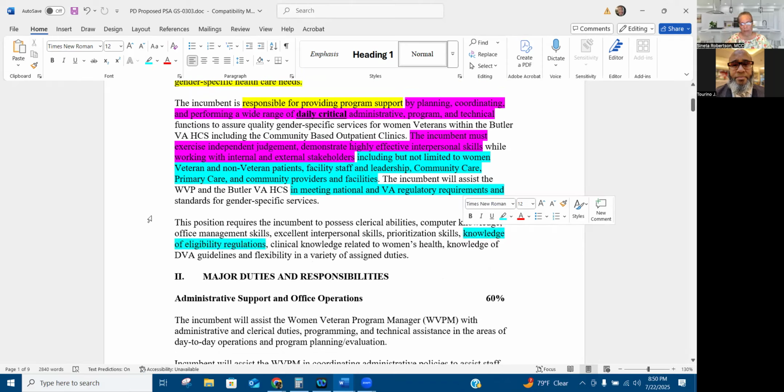And the nature of the guides. Clinical knowledge, it's women's health, knowledge of DVA guidelines, disability, and flexibility in a variety of assigned duties. See how much you got just out of the introduction?